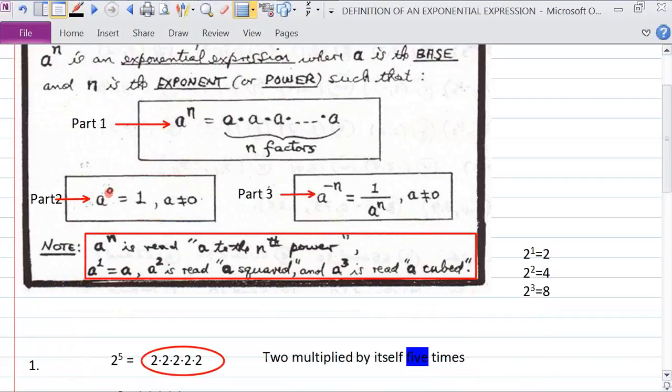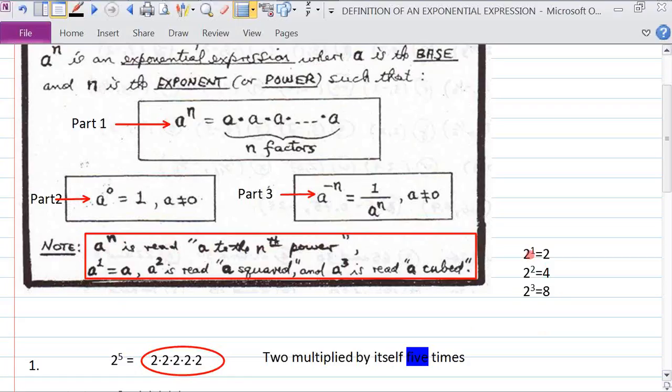The second rule that we're going to look at now is a to the 0 equals 1. And the third part of this rule regarding exponents is that a to the minus n equals 1 over a to the n. So a to the n is read as a to the nth power.